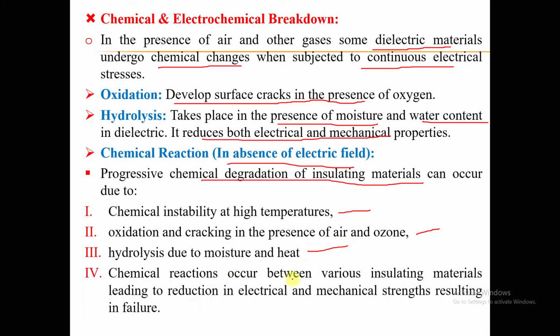The chemical reactions between the various insulating materials lead to a reduction in electrical and mechanical strength, which will ultimately result in failure. So these are the possible reasons for breakdown due to chemical reactions, under the presence or absence of an electric field.